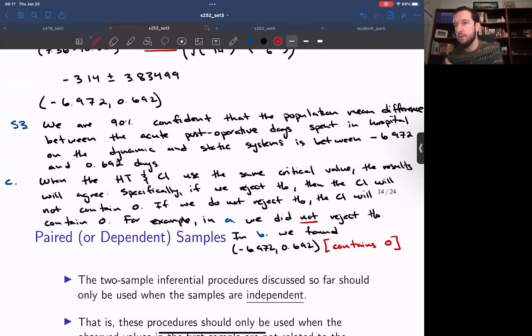And that's what we have evidence of here. Similarly, you can look at it the other way around. If you have a confidence interval that does not have 0 in it, then the corresponding hypothesis test will reject the null hypothesis, assuming that the test is about whether or not the difference is equal to 0. But this will work for this type of comparison, and across any style of hypothesis tests.